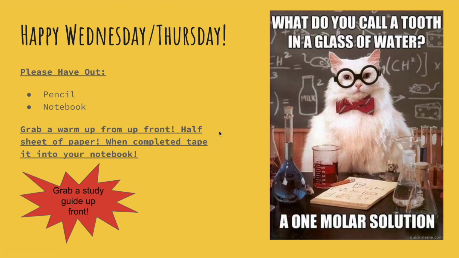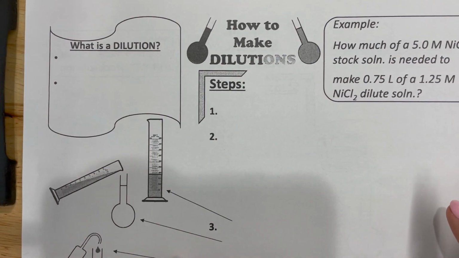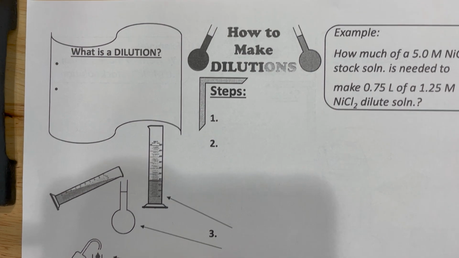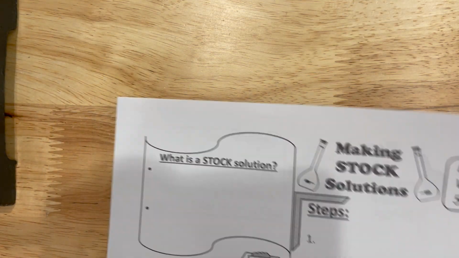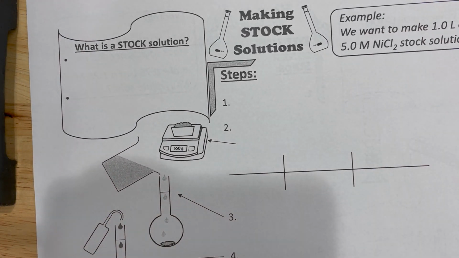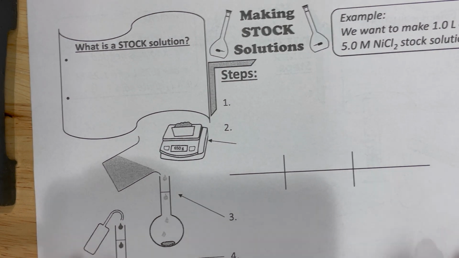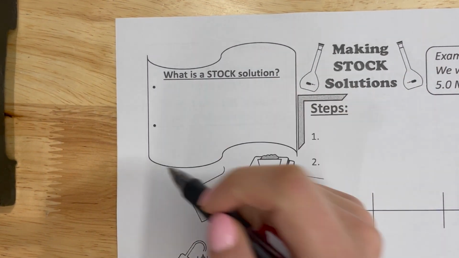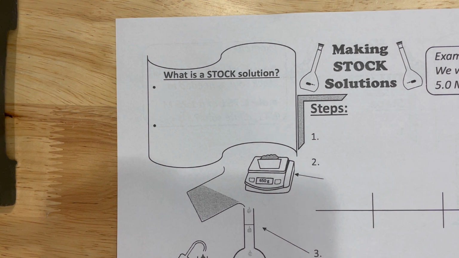Okay, chemistry students, you should have found this making stock solutions and how to make dilutions guided notes from up front. We're going to start on this making stock solutions side, with the upper left-hand box, which says what is a stock solution.